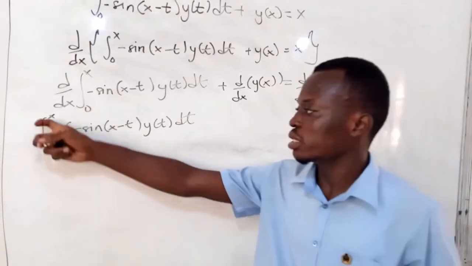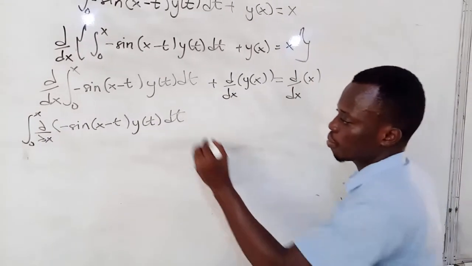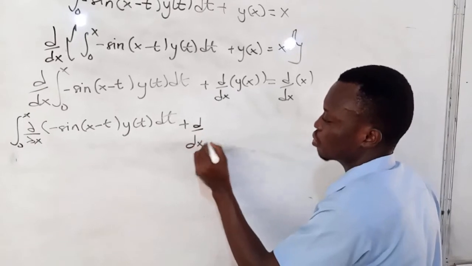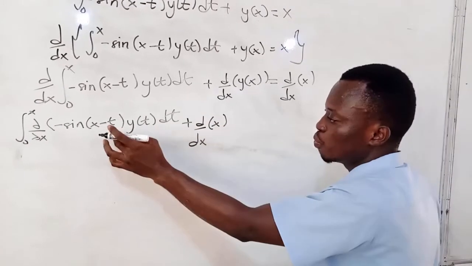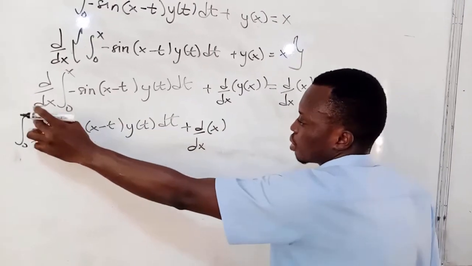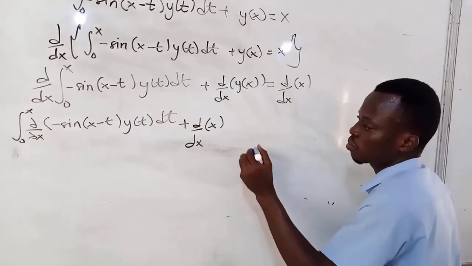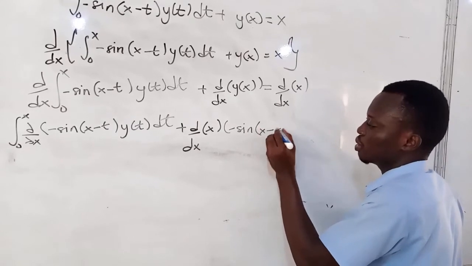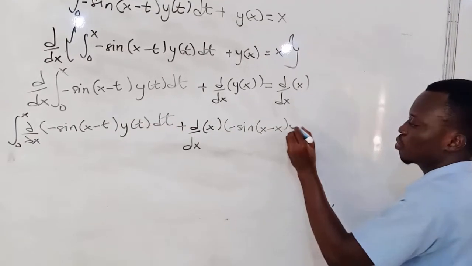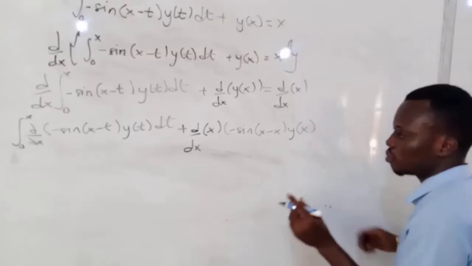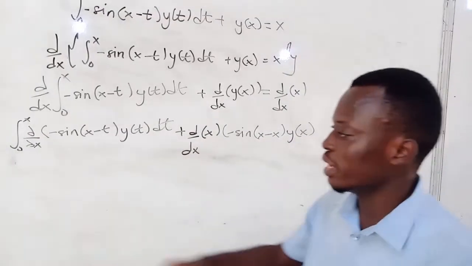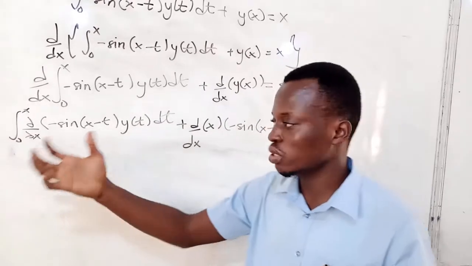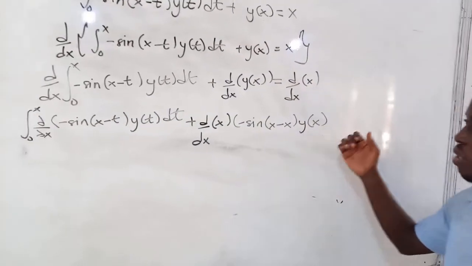Then you have to differentiate the upper limit, d/ds of s, and you replace the t's with s, giving minus sine(s minus s) y(s). Then if you differentiate the lower limit and subtract it, the lower limit is still 0, so if you differentiate 0 you still get 0, and there's no need of adding it.